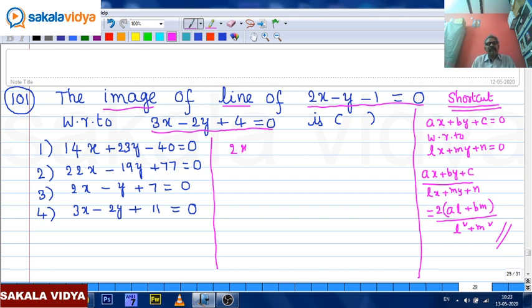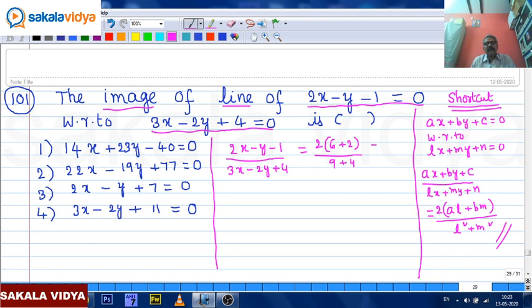So 2x minus y minus 1 upon 3x minus 2y plus 4 equal to 2 into 3, 6, minus 1 into minus 2, plus 2 into 2. This is 2 into al plus bm by l square plus m square, 9 plus 4.